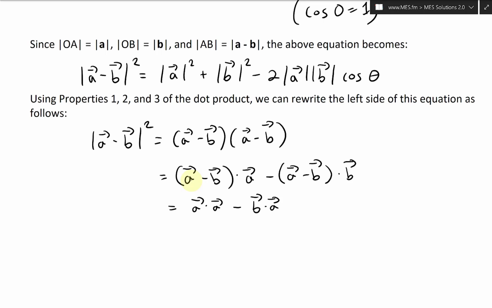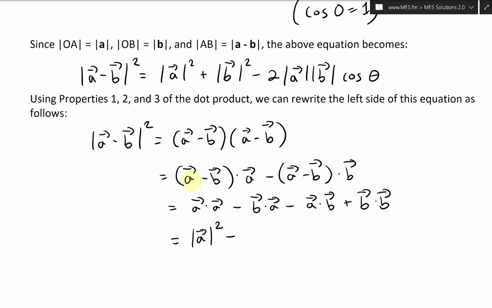B dot A, and then the next one here, multiply inside, and so on. So what we get is minus A dot B, and then this minus becomes a positive, plus B dot B. All right, and again, this is exactly as we expected. Now this is property 1. This just equals the length squared.